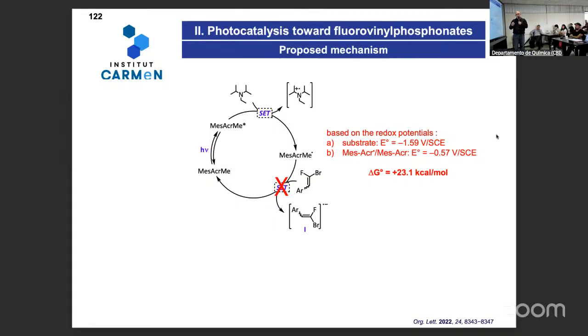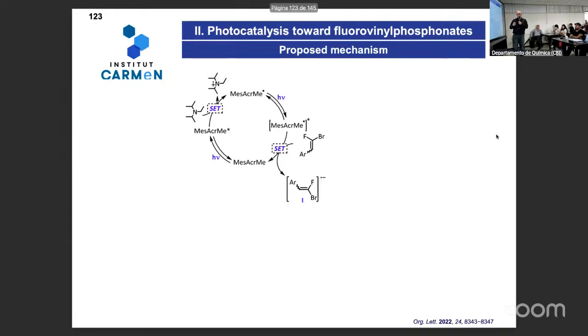So what we propose, next please, is a double activation of our photocatalyst with two photons, and we make this kind of catalyst, so we still have to prove it, okay? We don't know if it is that, but it is the only explanation we find to explain the reaction.